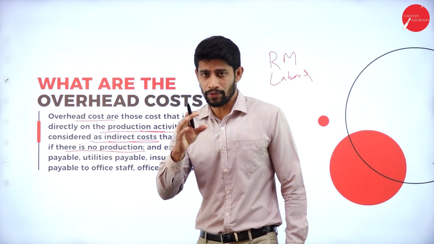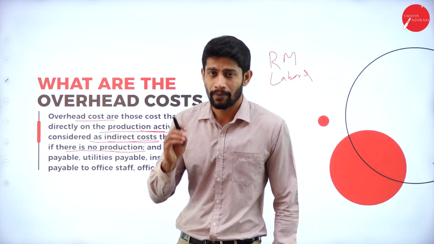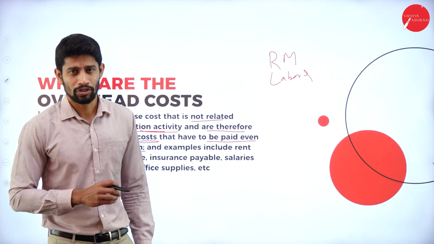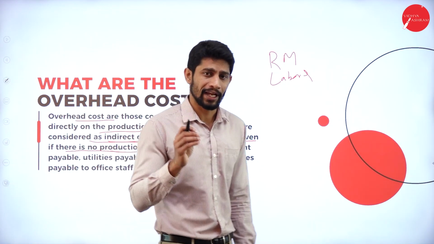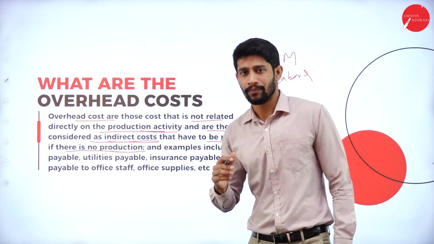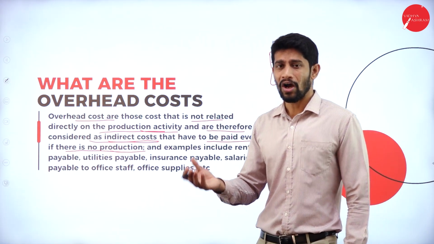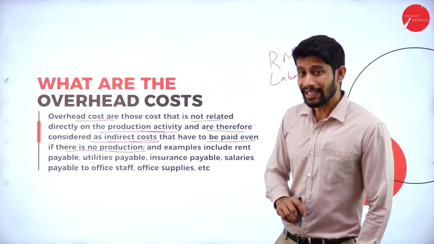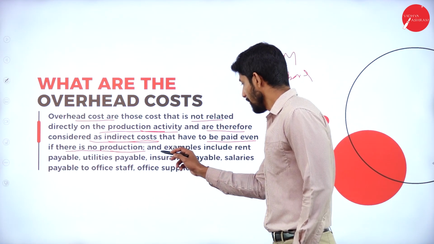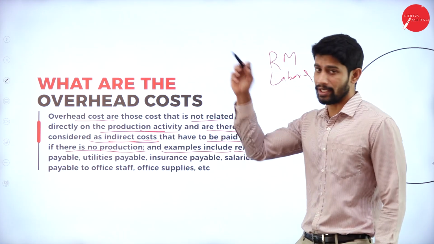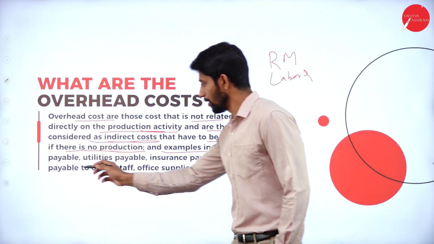Whether you are producing the product or not, you are supposed to pay the overheads, the indirect cost, which will not show any effect on your production. So whether you are producing the product in the factory or not, you are supposed to pay the indirect wages. Examples for overheads: rent payable.